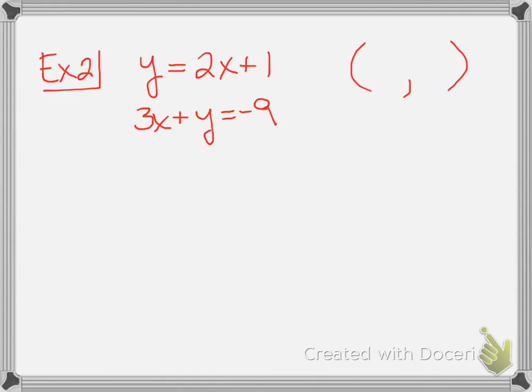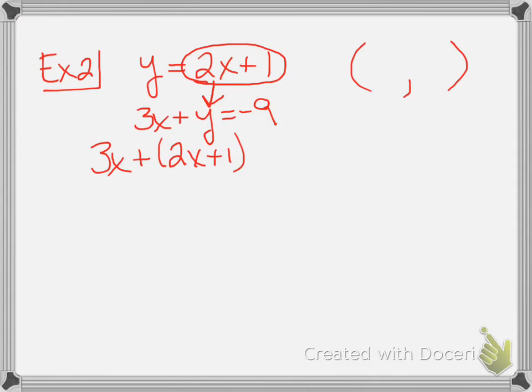Substitution means I'm going to take what y equals, which is 2x plus 1, and substitute it in the other equation in place of that y. So I would have 3x plus, and for y I put 2x plus 1, equals negative 9.